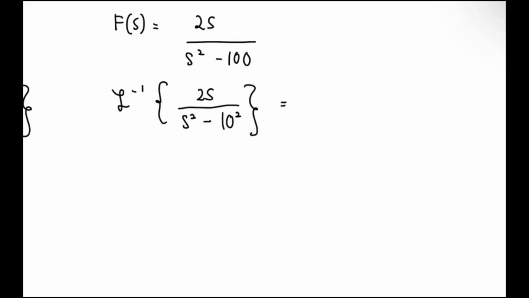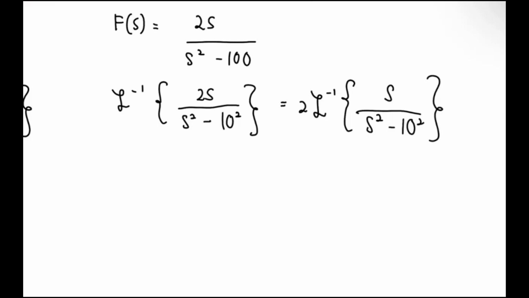We want only s here, so 2 you can put outside. So we have 2 times inverse Laplace of s over s squared minus 10 squared. So you have 2 times cosh 10t.